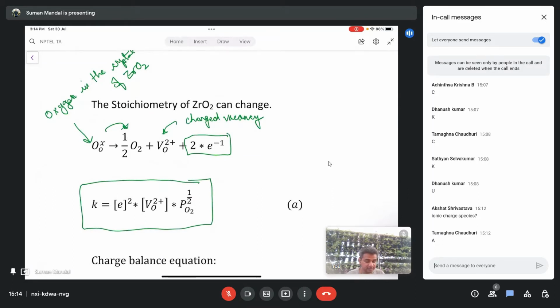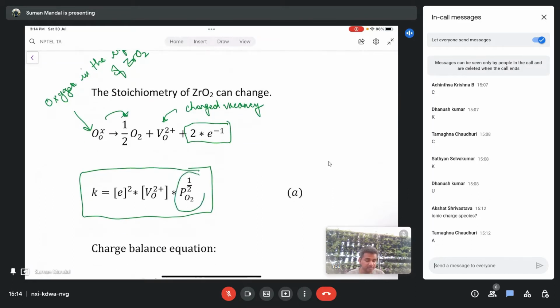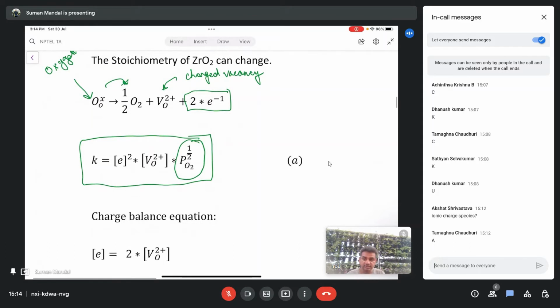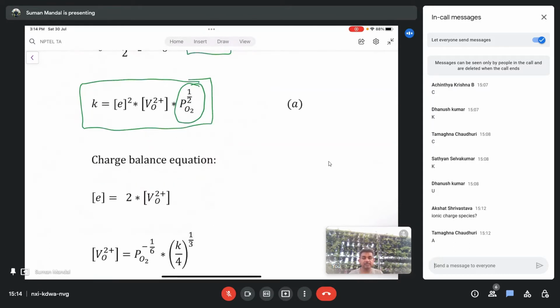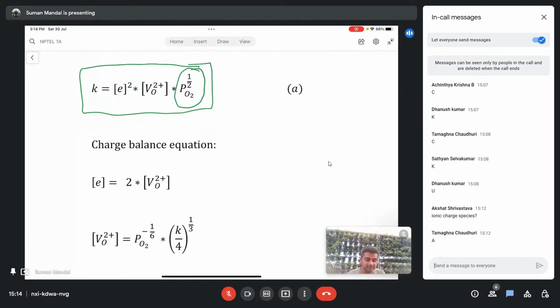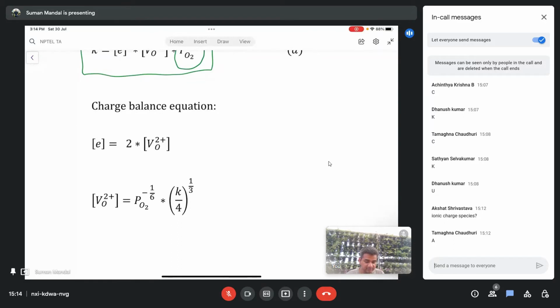You can see that there is a dependence on the partial pressure of oxygen that this material comes in contact with. You can also do a charge balance so that you know that the net charge is balanced, there's no net charge between the left hand side and the right hand side. So what you get is something like a dependence that goes like this.